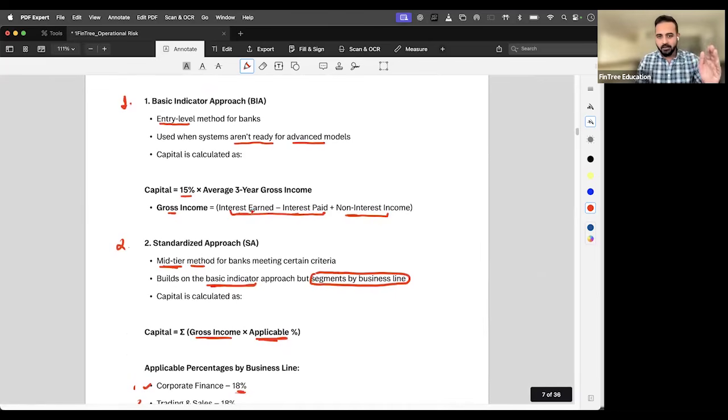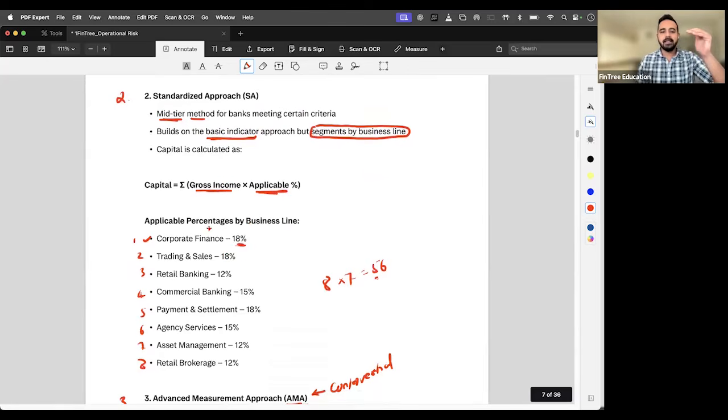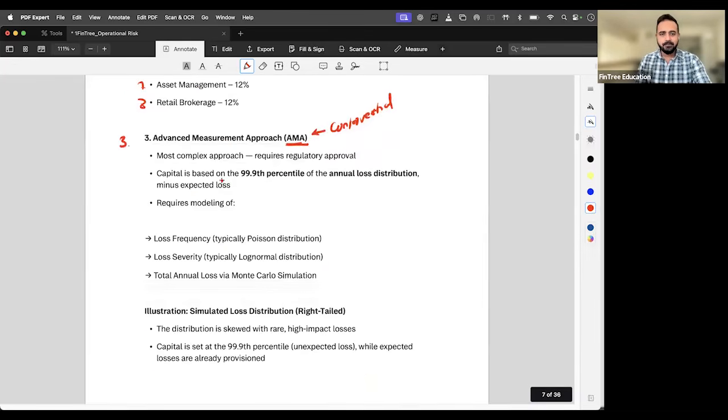Under BI, all that you're doing is calculating a total gross income for 3 years, taking an average multiplied by 15%, job done. Under the standardized approach, you're calculating business line by business line profitability, converting that to gross income, but every gross income is multiplied by a different percentage, not a flat 15%, and then summing it up, that becomes your capital.